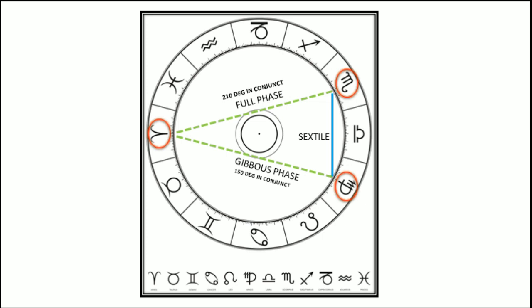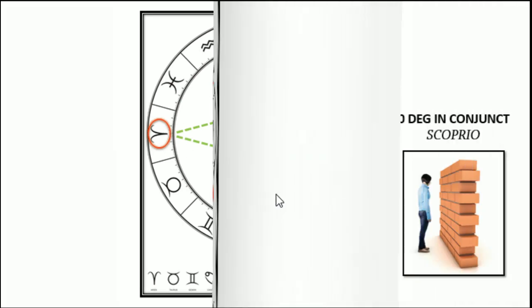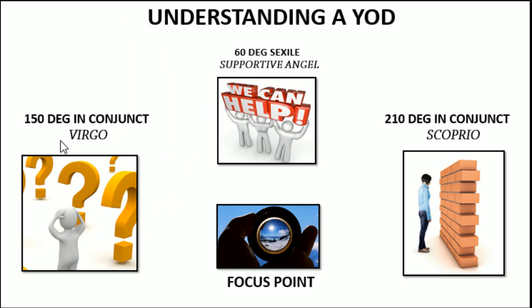Physical limitations within yourself, the realization of what you need to actually confront as a way of saying, here's where I need to grow. Okay. So there's the full phase, the gibbous phase, and the focus point, and the sextiles, and then you can relate it to understanding the yod: 150 degree inconjuncts, supportive angle, 210 degree inconjunct, and focus point.